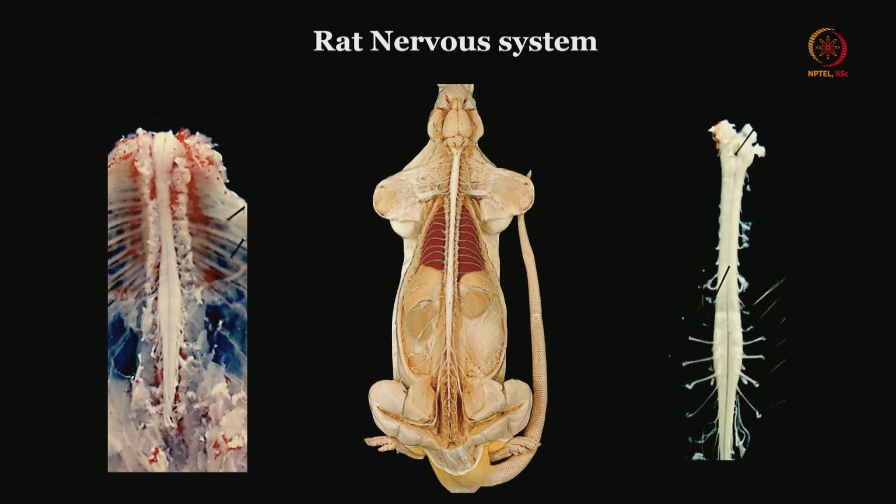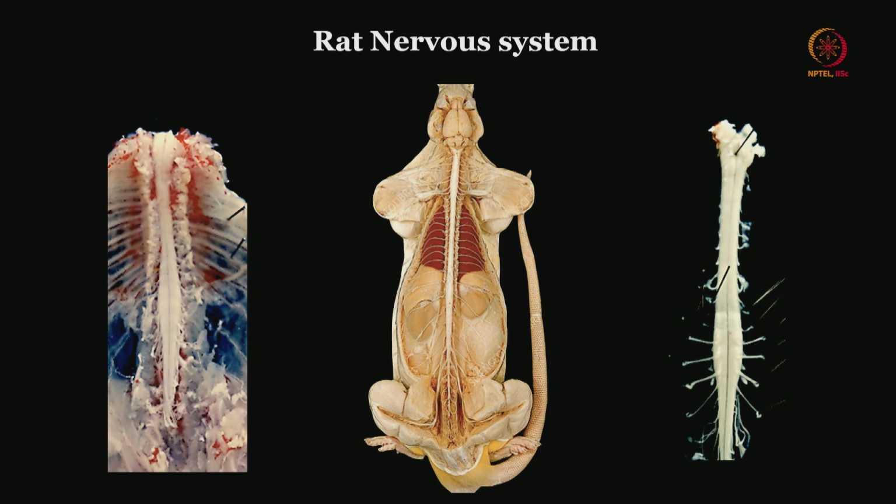To begin with, you all should know what exactly the rat nervous system is composed of. This is a holistic picture wherein in one image you can see the entire length of the central nervous system. The idea being that it's very important to understand the relation of the spinal cord with the brain, and of course the nerves that come out of it, and the entire gross anatomy of the central nervous system.